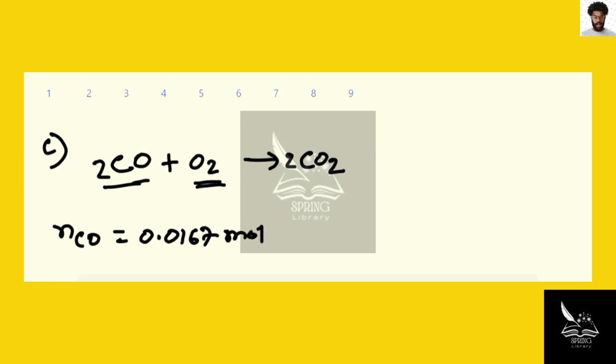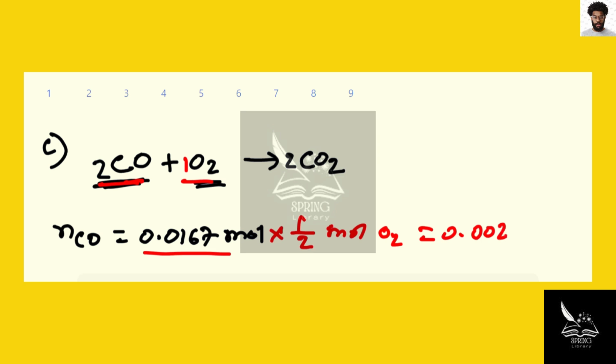So to convert this many moles of carbon monoxide, since to convert 2 moles of carbon monoxide we need 1 mole of oxygen, that means to convert this many moles of carbon monoxide, we'll need half of this number of moles of oxygen, which is ultimately 0.0084 mole of oxygen.